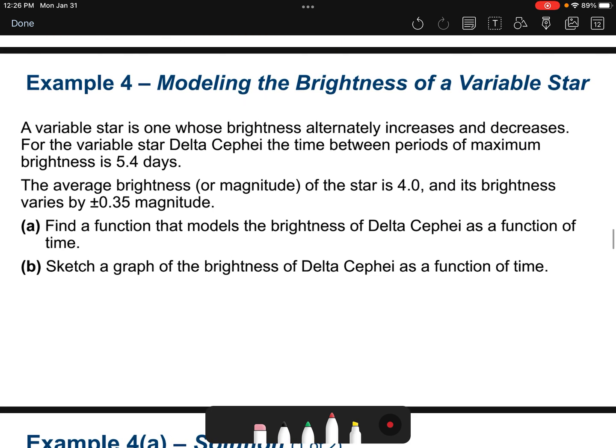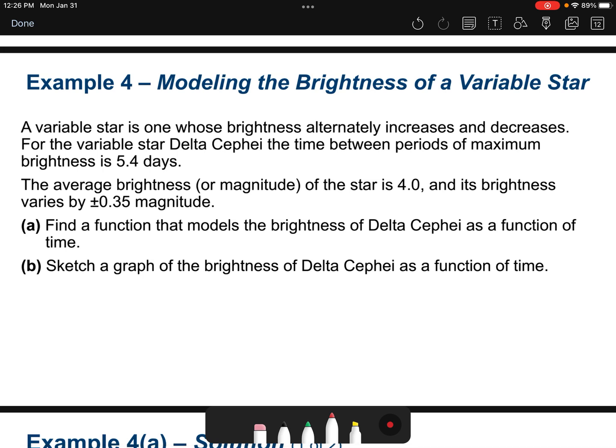Now, let's talk about delta Cephei. I'm not sure how to pronounce it. I should have looked that up for us. But a variable star is one whose brightness alternately increases and decreases. And for this star, the time between periods of maximum brightness is 5.4 days.